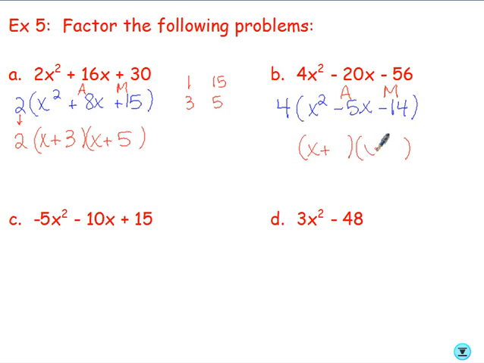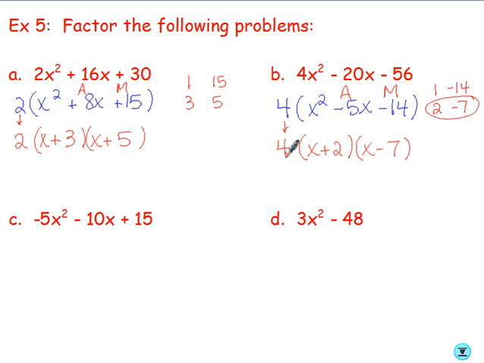One positive, one negative, this one's the bigger one. 14, our only options are 1 and 14, 2 and 7, the bigger one's negative. And the only pair that adds up to give you a negative 5 is that pair right there. Positive 2, negative 7, bring down the 4.